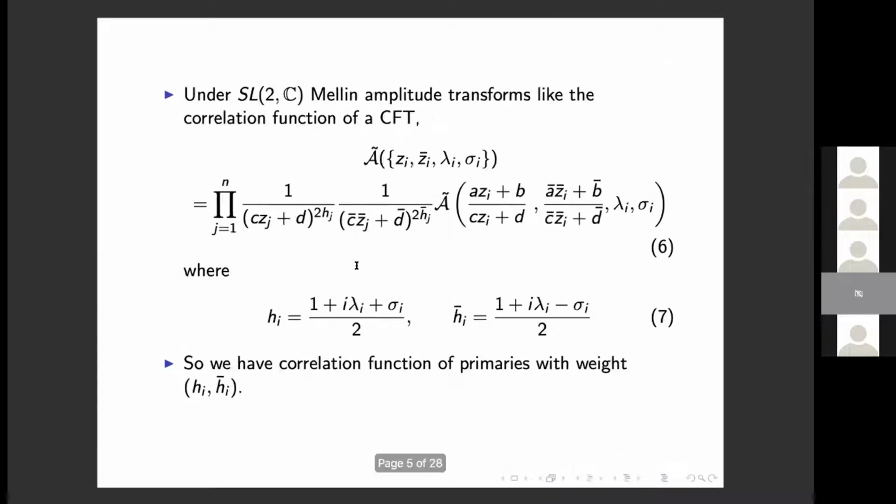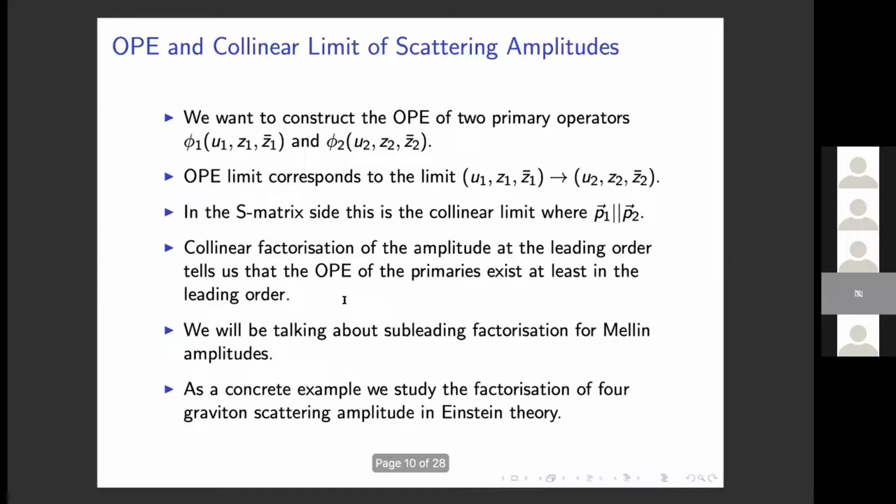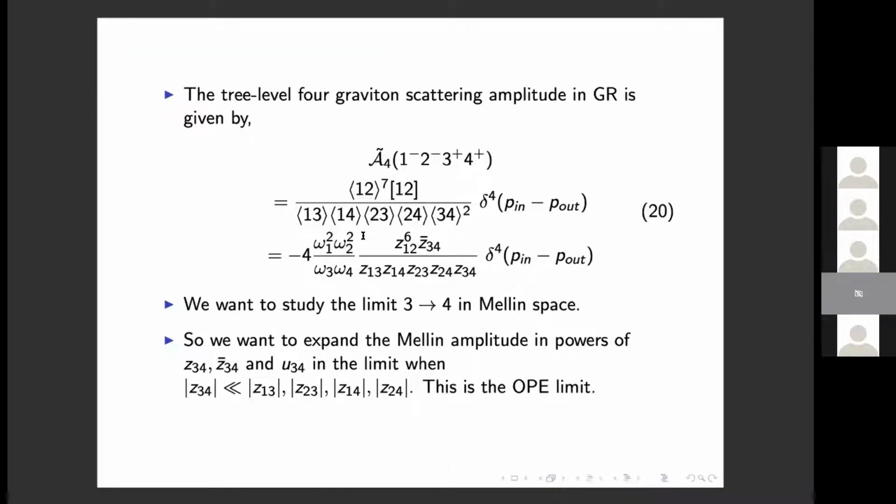So this is A, the standard S-matrix. So A tilde 4, we have this minus going to plus, and this is given by this. What we want to do is take the limit where 3 goes to 4 for the A tilde amplitude.